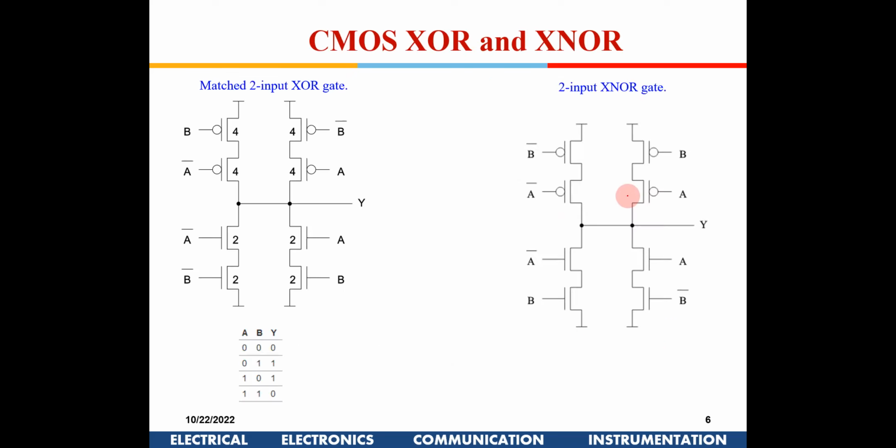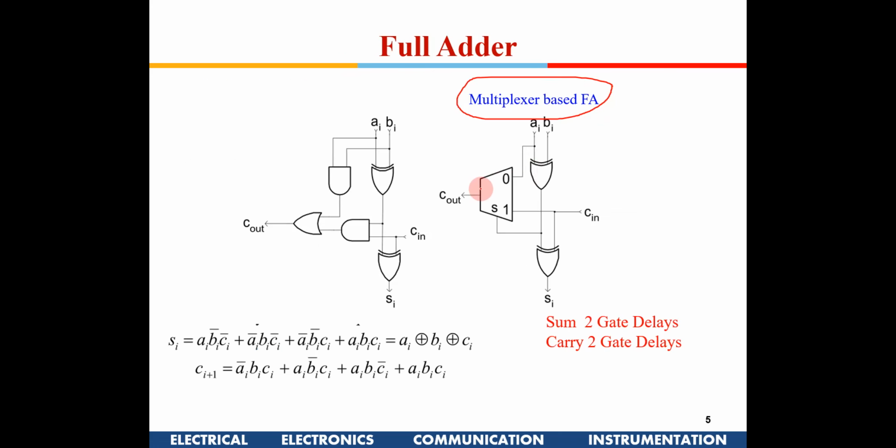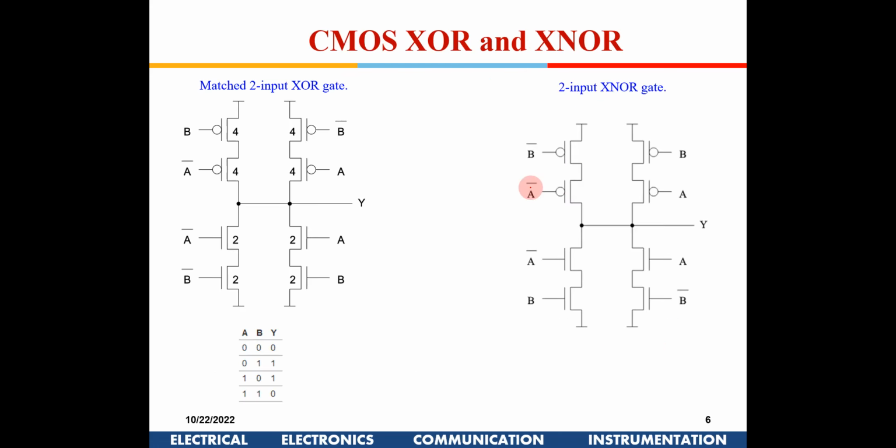Now the XOR gate. We talked about this XOR gate, so let's see how an XOR gate works. This is the truth table. For 0 0, the output has to be 0.